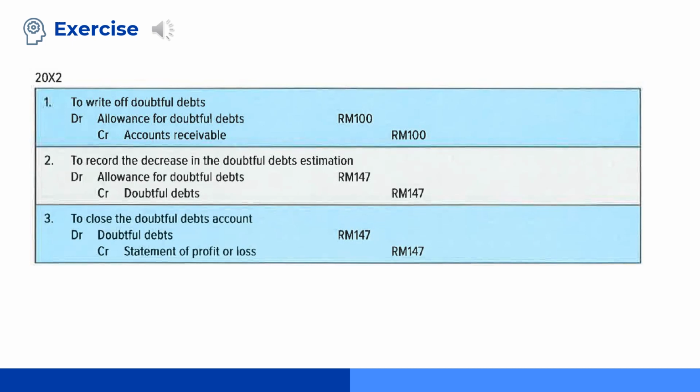How do we get this 147? This will be portrayed in the next slide. And then after that, we will transfer the amount of doubtful debt to the statement of profit or loss. But this time, we will be crediting the statement of profit or loss, which means it is not an expense, but it will be treated as other income.